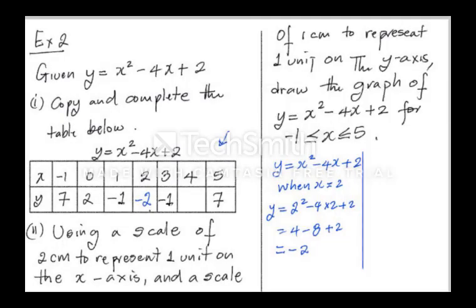So let's do this again because we still have one other missing y value. y is equal to x squared minus 4x plus 2.